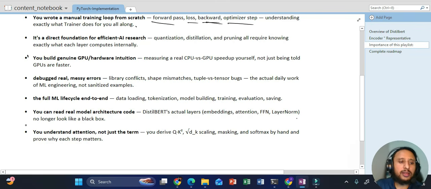Then of course, while building these architectures, you are going to encounter many issues, and while debugging and resolving them, you are going to learn a lot. It is literally the actual ML work that we need to do.